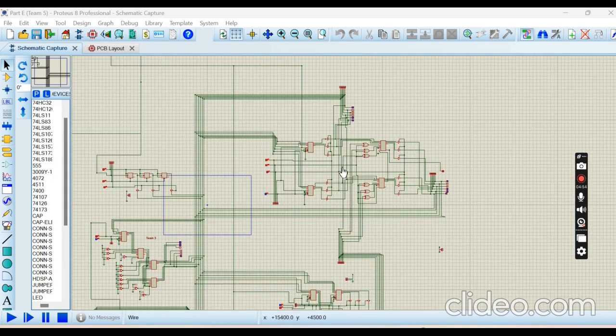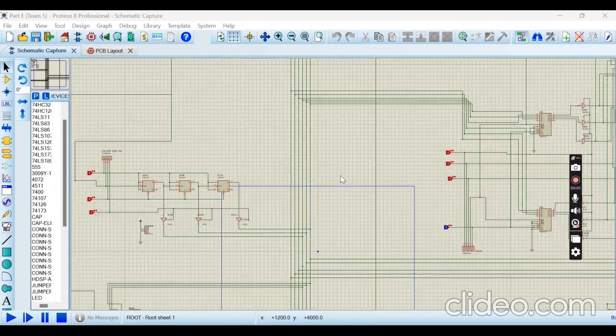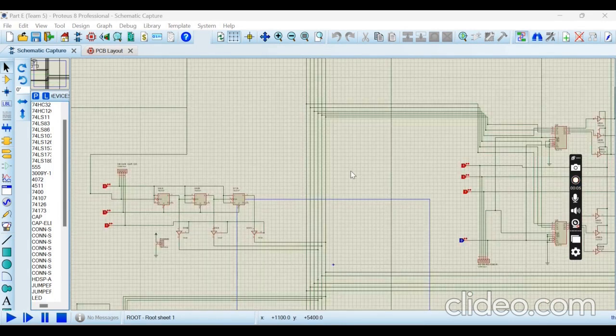We have the accumulator and the ALU. As you can see, we have 6-bit bus bars. These are the bus bars. We have 6 of these bus bars.